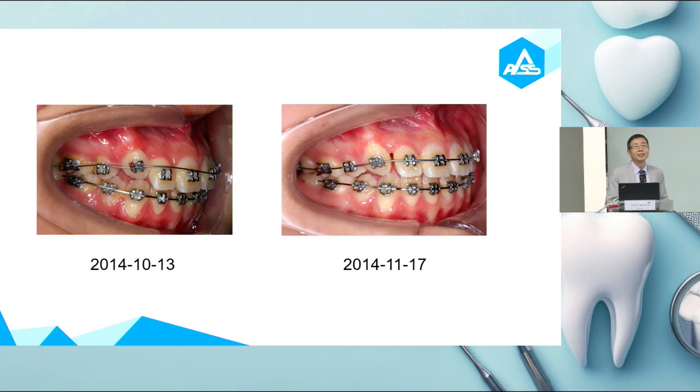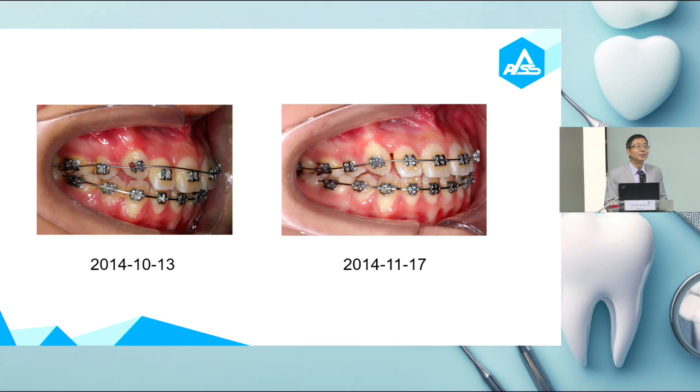It's just like you pulled the canine back, right? So the canine can be tipped back by moment, not just by the retraction force. Okay, that's the first lecture I wanted to introduce this morning.